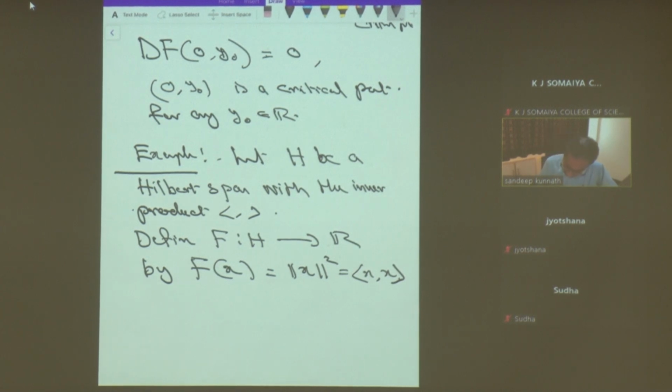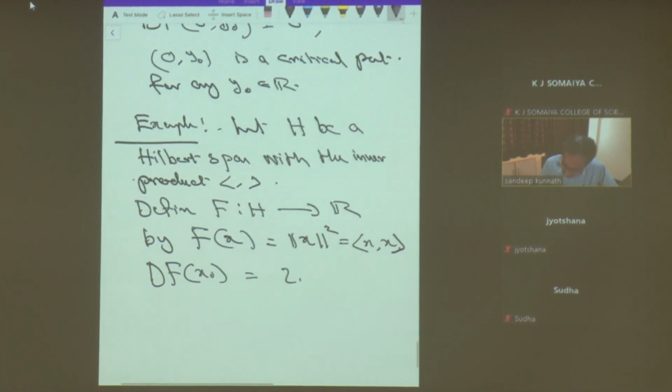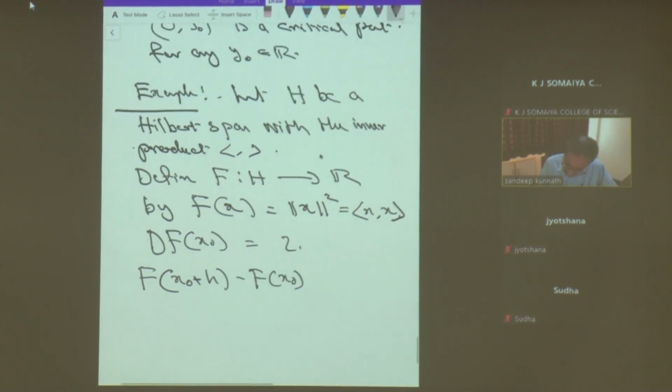So the question is, what is df at a point x naught? You can do the same kind of things. For example, you can find f of x naught plus h minus f of x naught. You calculate this, and what you will get is norm of x naught plus h whole squared minus norm of x naught squared.